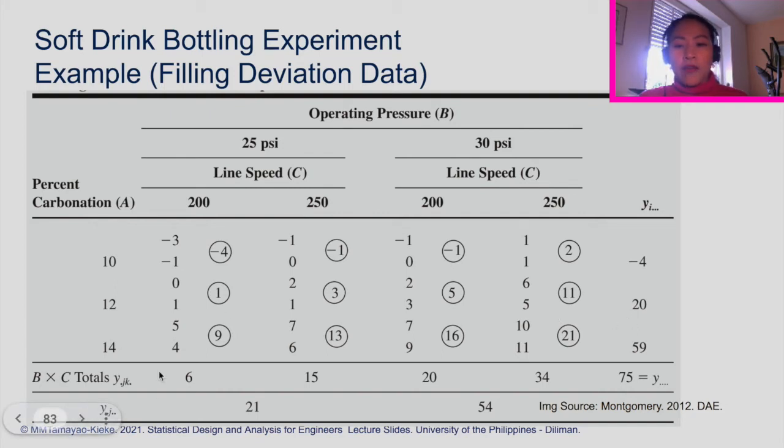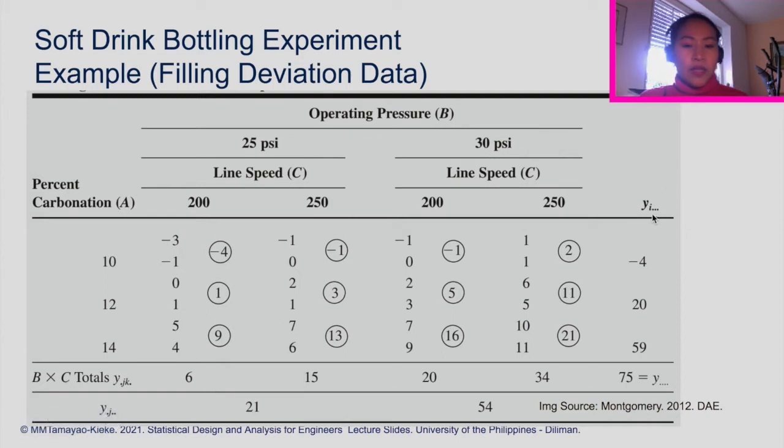While you have here the BC totals, so observations at J level of factor B and K level of factor C. So for example, here 6 is the total for 25 psi and 200 bottles per minute. So that is -4 plus 1, -3 plus 9 equals 6, and so on.